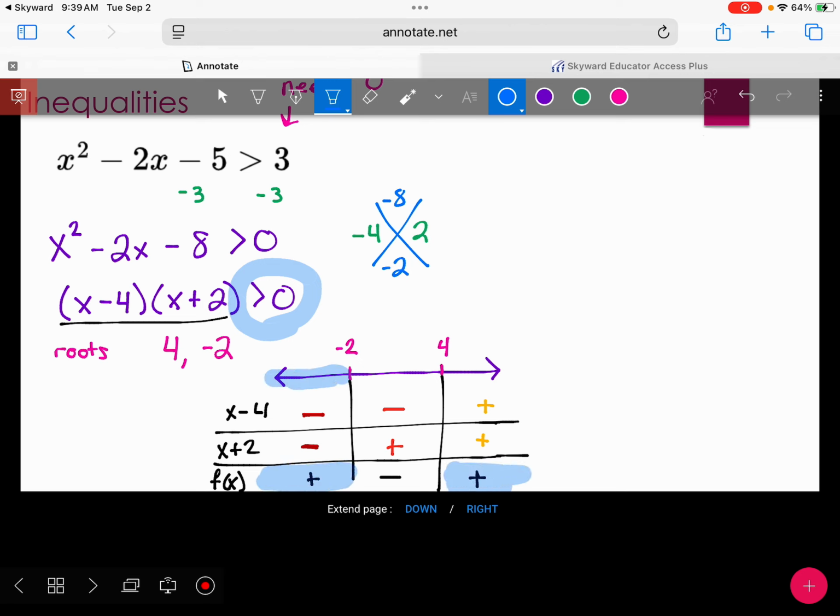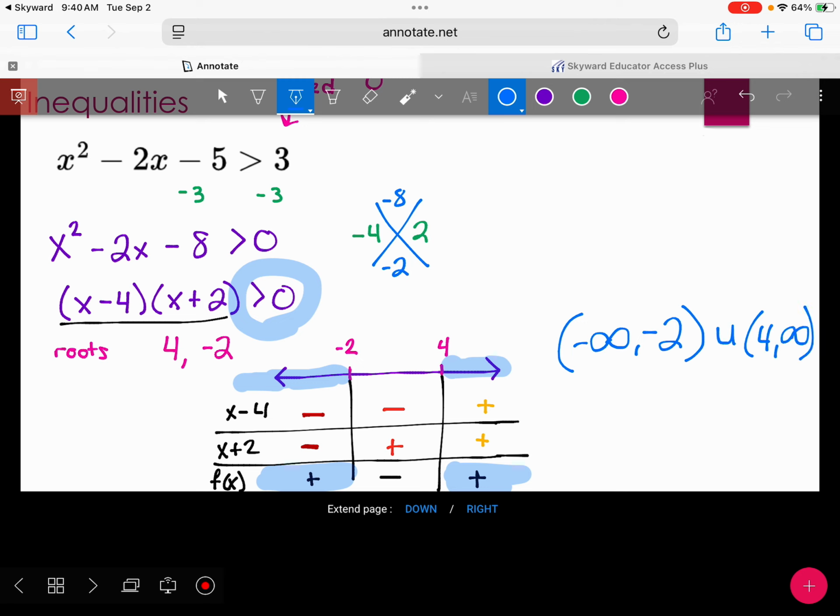So starting here and going this way, starting here and going that way. So our intervals are going to be from -∞ to our -2. We have our greater than, not greater than or equal to, so we know it's going to be in parentheses. And then it's also going to go from 4 to infinity.